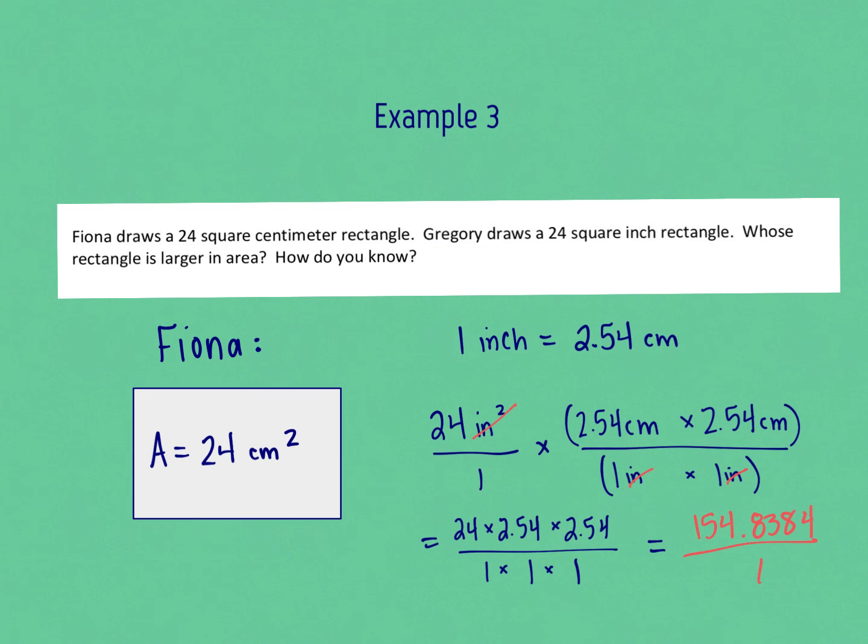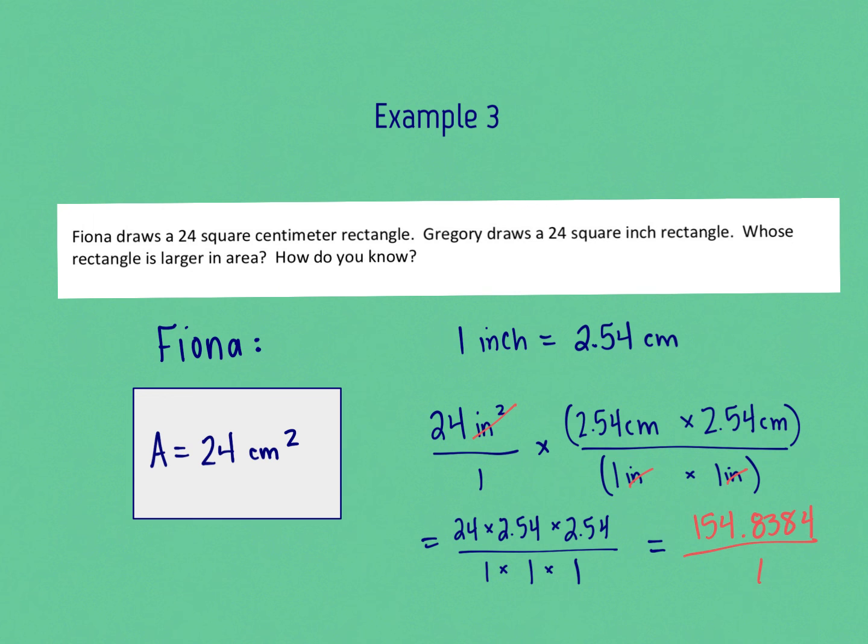Now, once we do the math, we multiply 24 times 2.54 times 2.54 because the inches squared cancels with both of the inch units on the bottom. So then we have 24 times 2.54 times 2.54 all over 1 times 1 times 1.